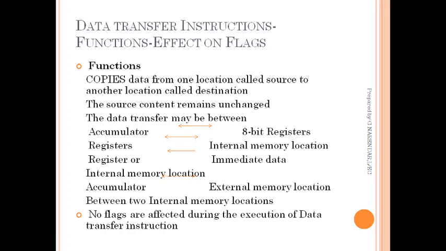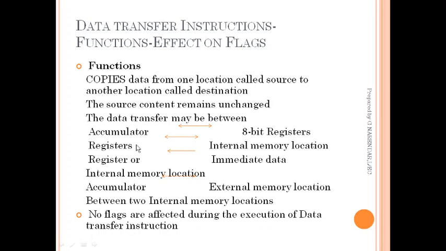So we started with learning about the instructions. We have already seen some of the instructions which can transfer data between accumulator and 8-bit registers in previous class. In today's class, we look at the instructions which can transfer or copy the data between registers and internal memory locations.